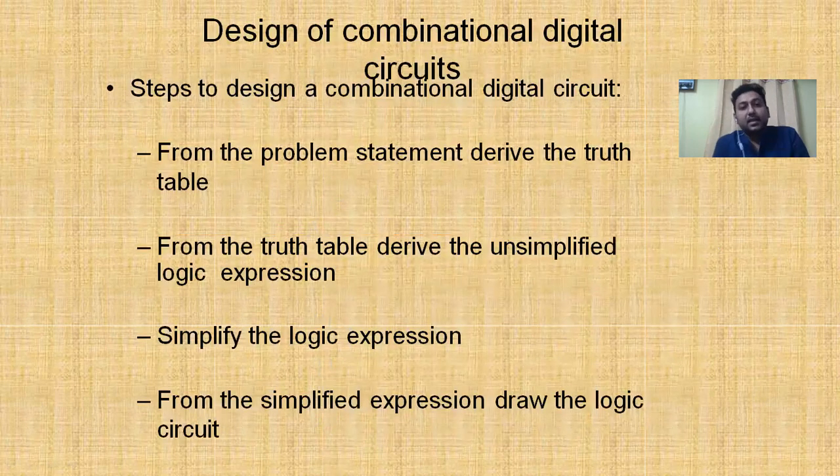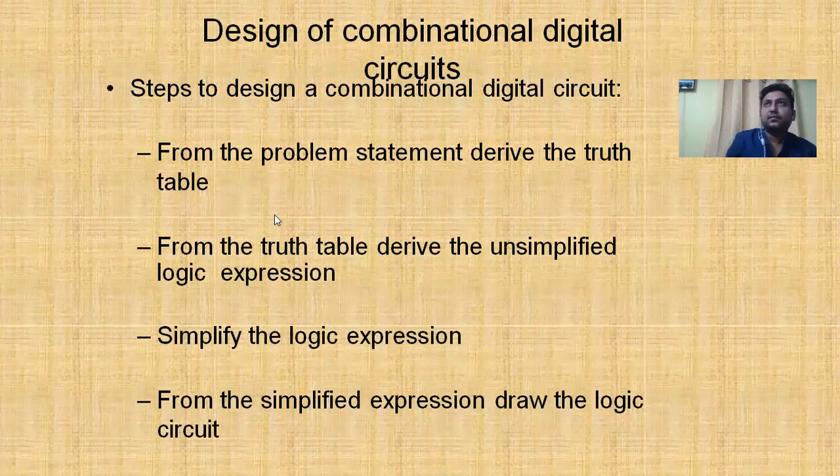Now, design of a conventional digital circuit. How can we design a conventional digital circuit after doing the simplification? From the problem statement, derive the truth table. First we convert the logical expression to a truth table, the truth table of the unsimplified logical expression.